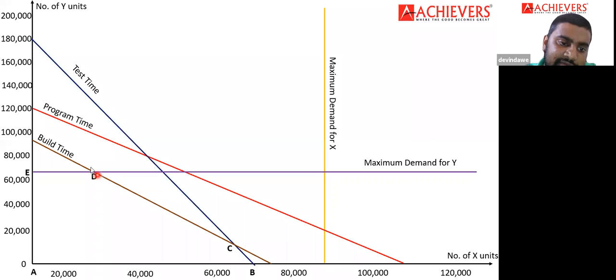So here, we hit the constraint for demand for Y, and we move along that until we hit the Y axis. Clear? So that's how you draw the feasible region. Clear on how to draw the feasible region, guys? I'll give a note, of course, but are you all clear?